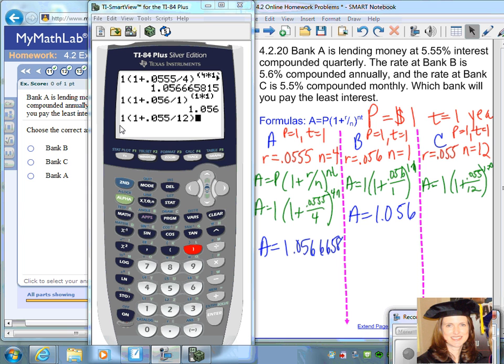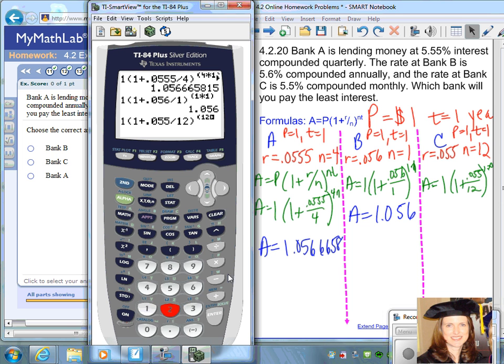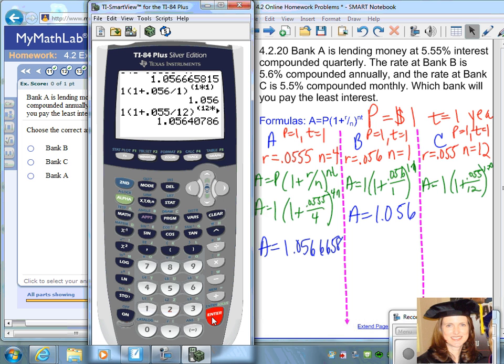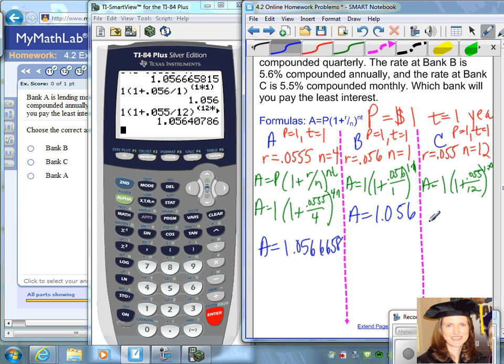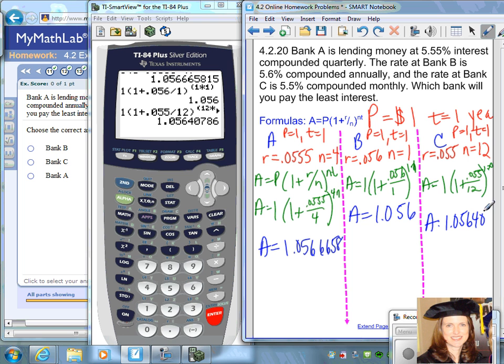So in the calculator, it's 1 times 1 plus 0.055 divided by 12. All of that raised to the 12 times 1 power. And then you get the amount is 1.056407.